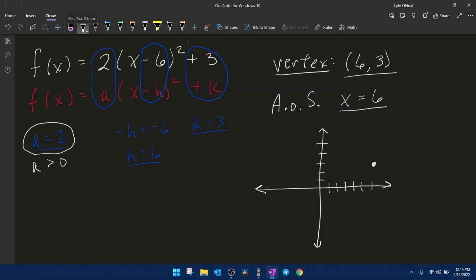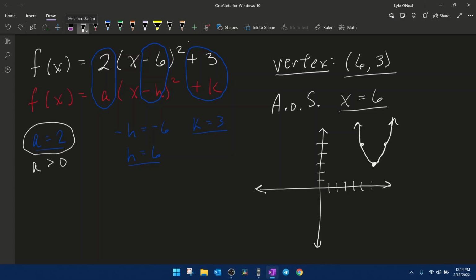So from the vertex, if I rise 2 and run 1, on either side, that's going to get me the 2 points on either side of the vertex. And then I simply need to connect the dots, making a U shape, and we have our parabola graphed.